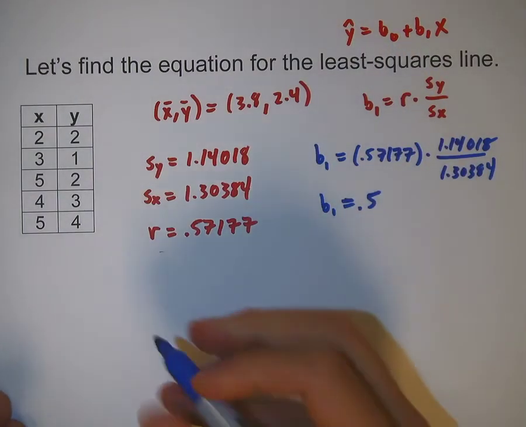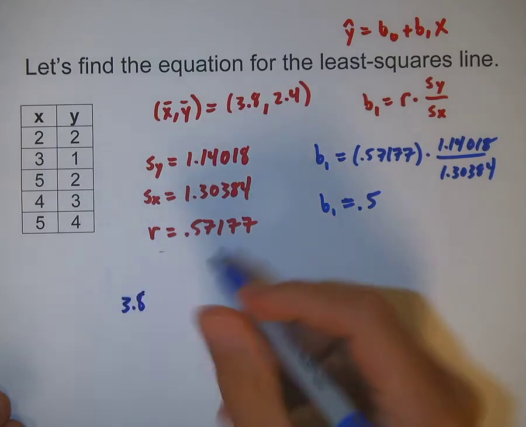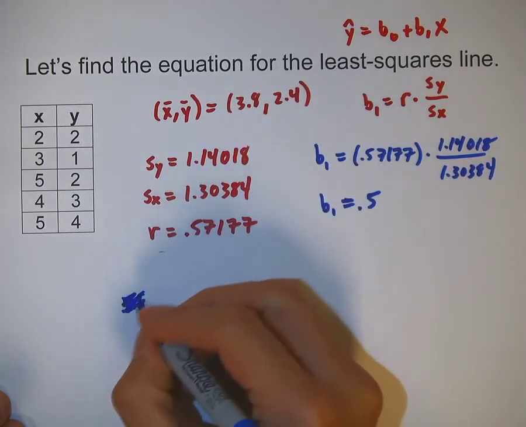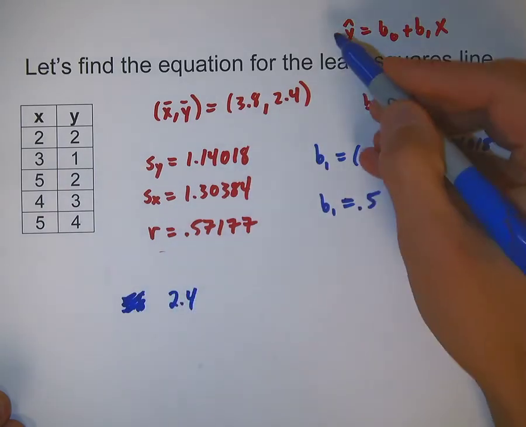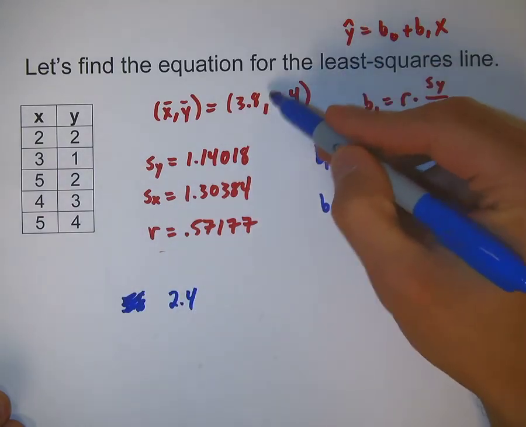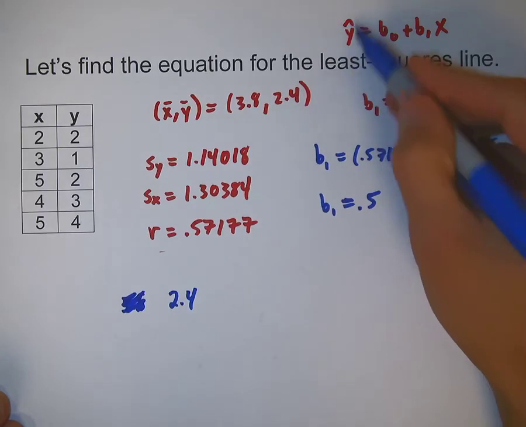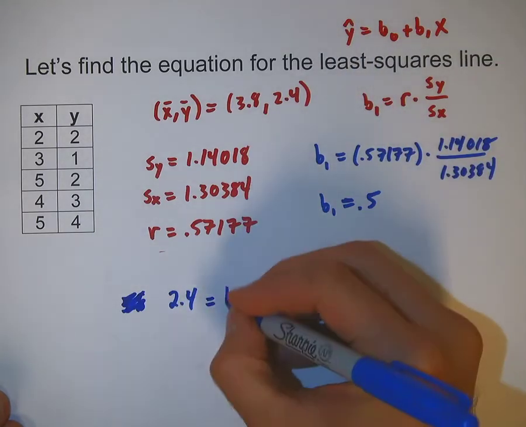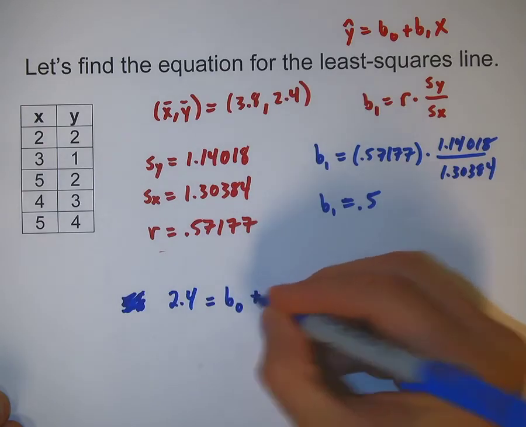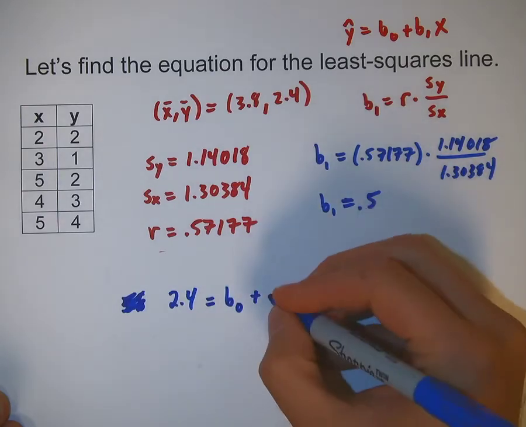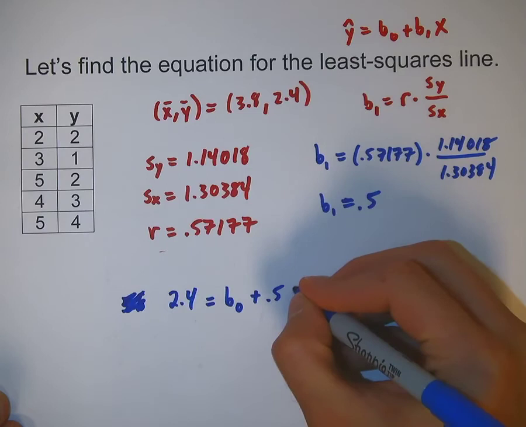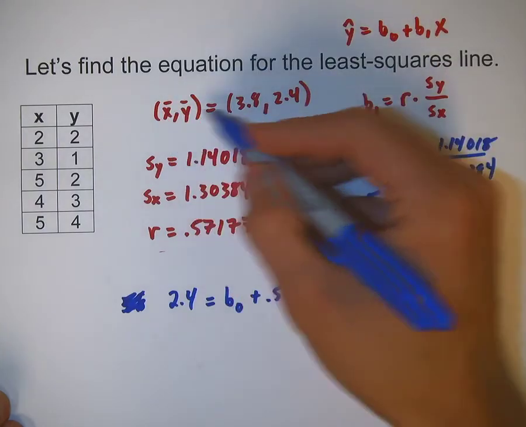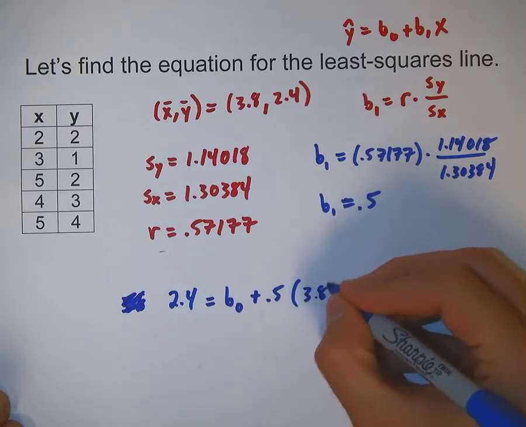I'll start with my 2.4. That's y bar, but since it's on this line, it will be a value of y hat. So it's 2.4 equals b sub 0 plus the slope I just calculated, 0.5, times my x value, in this case x bar, because that point will be on the line.